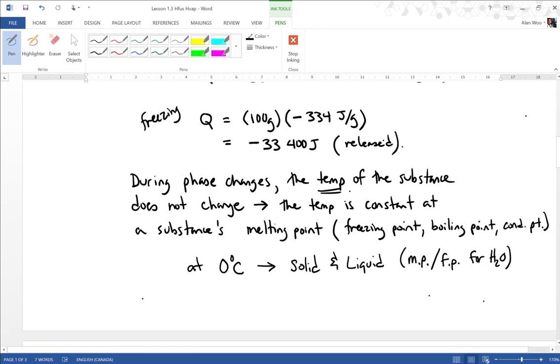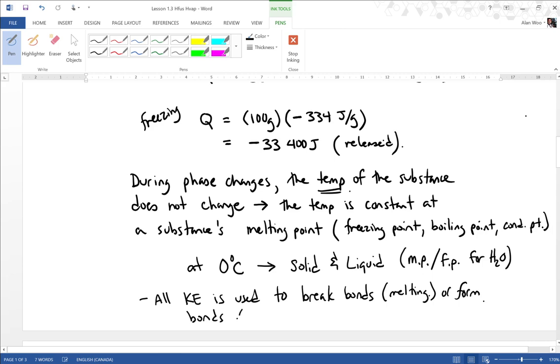So all kinetic energy is used to break bonds during melting or form bonds during freezing. Nothing else happens to the substance in terms of its temperature.